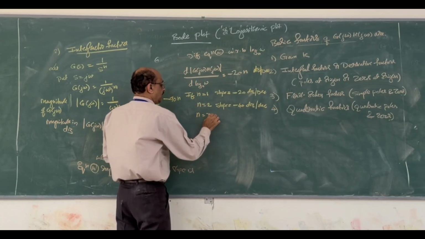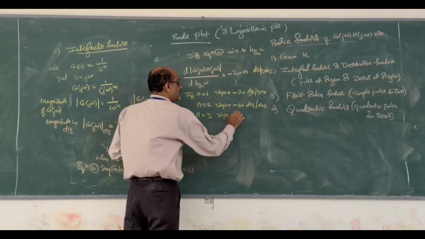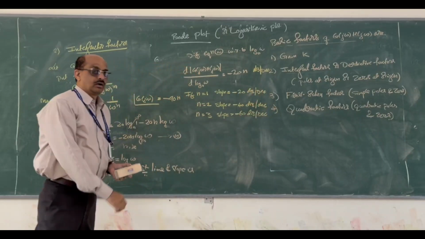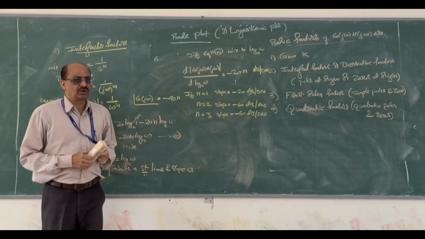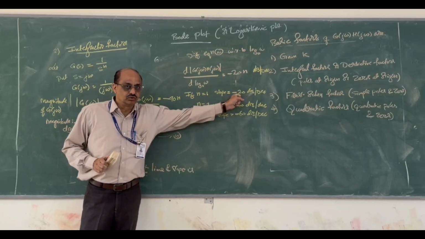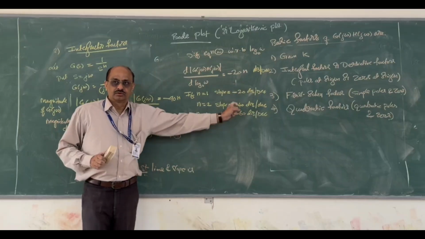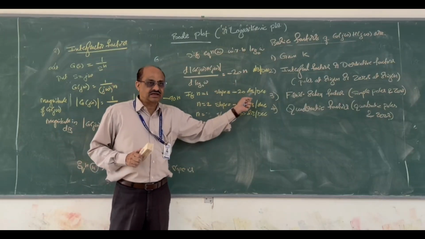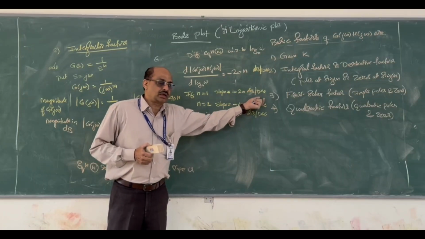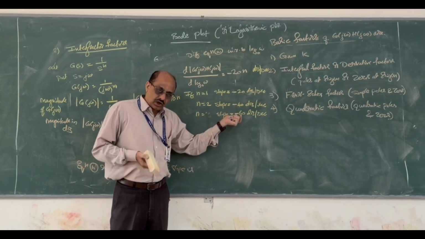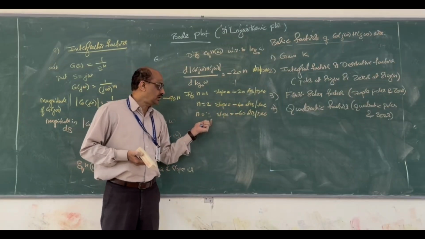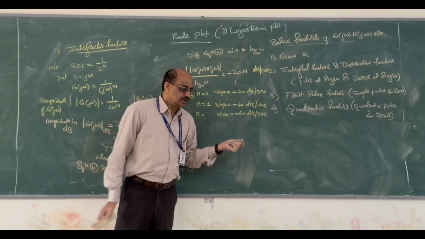N equal to 3, slope is minus 60 dB per decade, and so on. You need to remember this. Slope is very important. If it is one pole at the origin, straight away take minus 20 dB per decade. If two poles are at the origin in the denominator, minus 40 dB per decade. If three, minus 60 dB per decade.